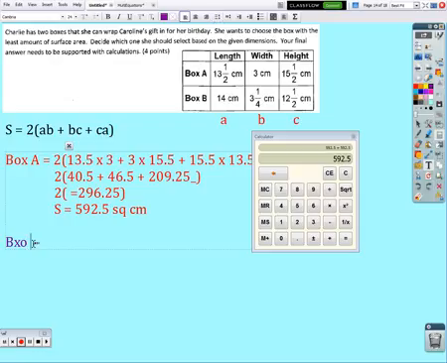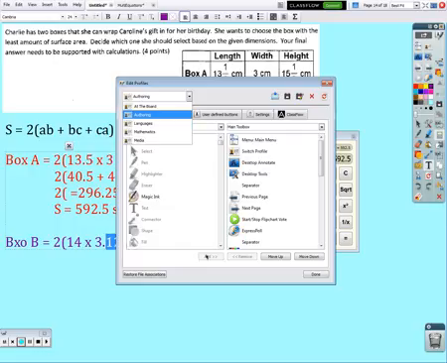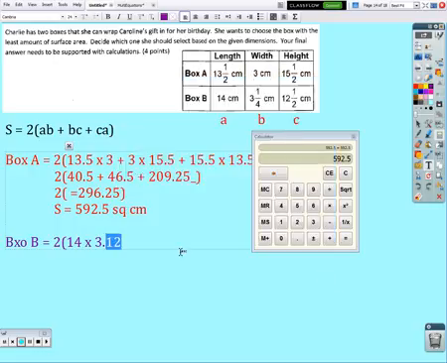Box B equals, I can't make any mistakes where I type, 2 times AB, 14 times 3 1/4, plus BC.